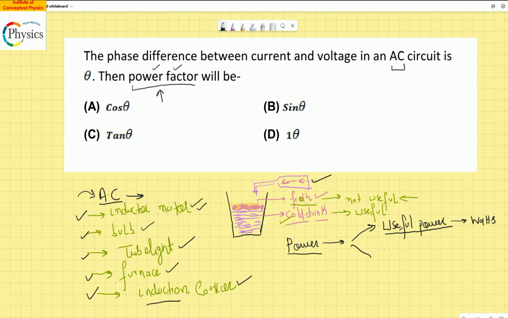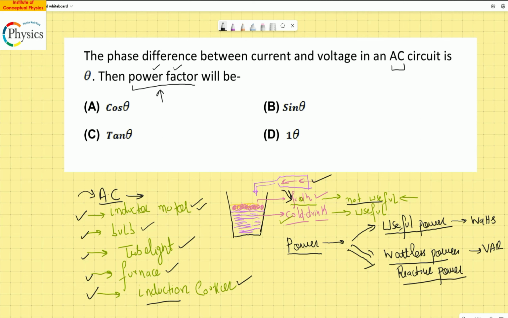I will not call it useless, but let me use the word wattless power. This is measured in watts. This is also known as reactive power. I will tell you the difference between the two. Just like cold drink has froth, which is not useful, similarly, the power also has a froth component, which is reactive power.